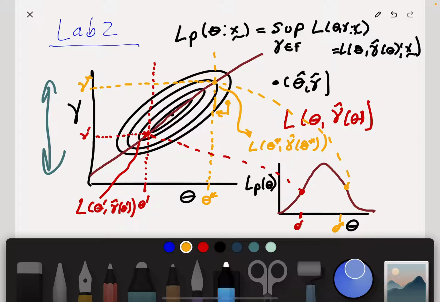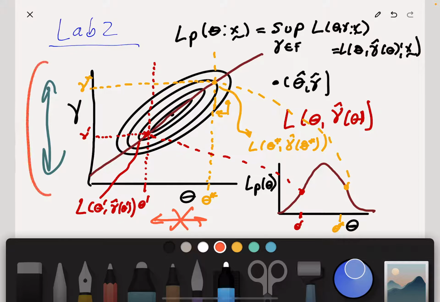All I did was draw the graphs sliced for fixed gamma to try to show you which gamma, and I think I gave off the impression that you're maximizing along the x-axis. That is wrong.